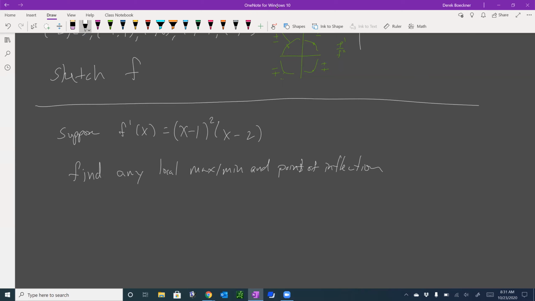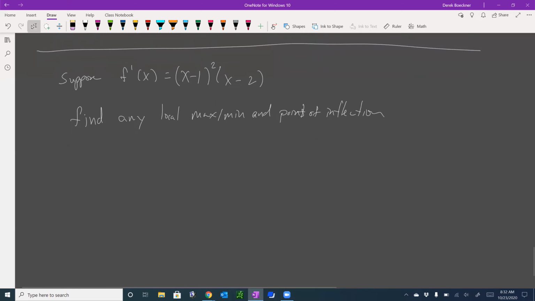Okay. So first, let's do our first derivative. Where does this have zeros? It has zeros at 1 and at 2, right?